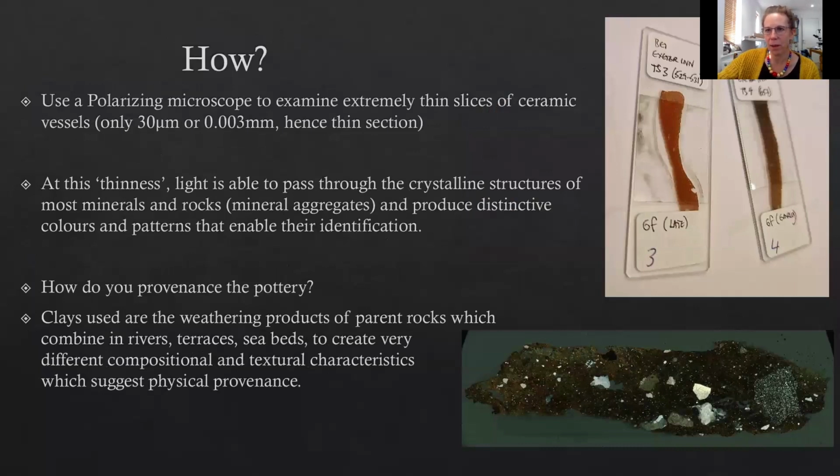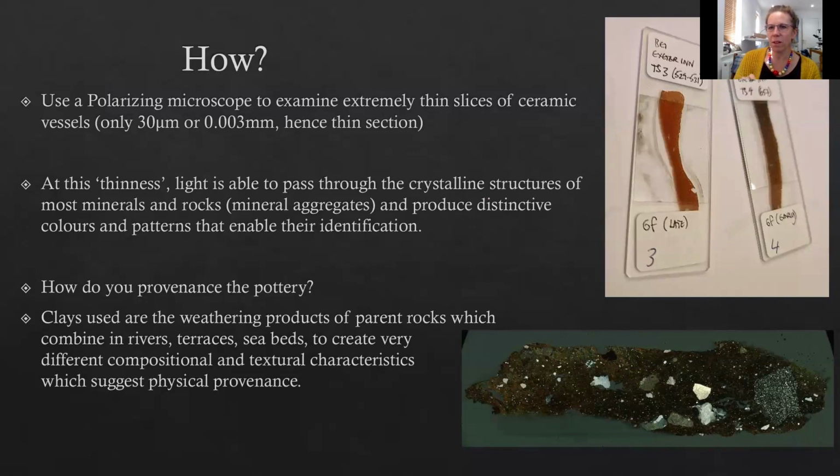So how do you make thin sections? How do you look at this pottery? First of all, it uses a polarizing microscope, and you have to make thin sections of pottery. There's a picture there of some thin sections. They have to be very thin slices of pottery, 30 microns, that's less than 0.5 millimeter, and it's got to be exactly that thickness, because at that thickness you can see the minerals.